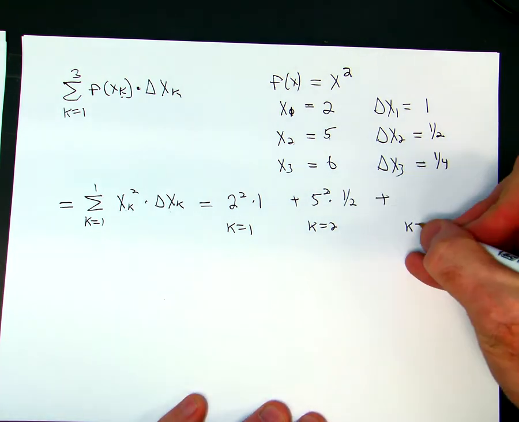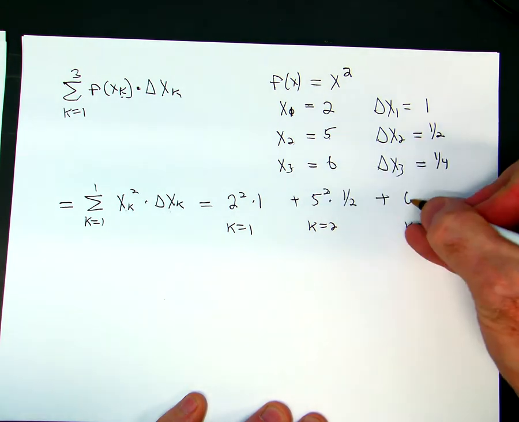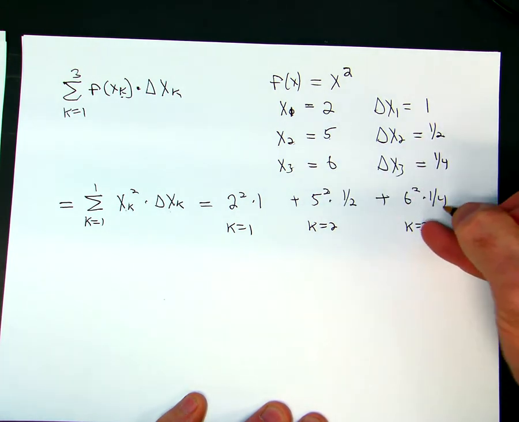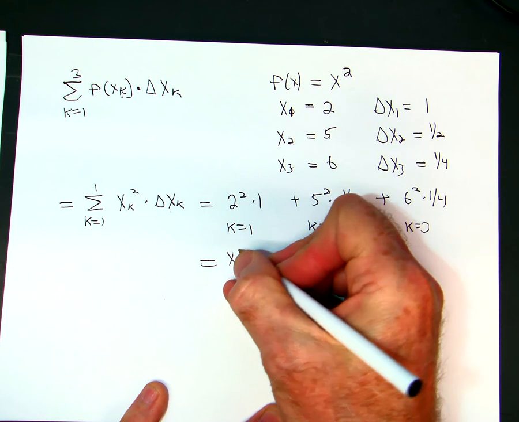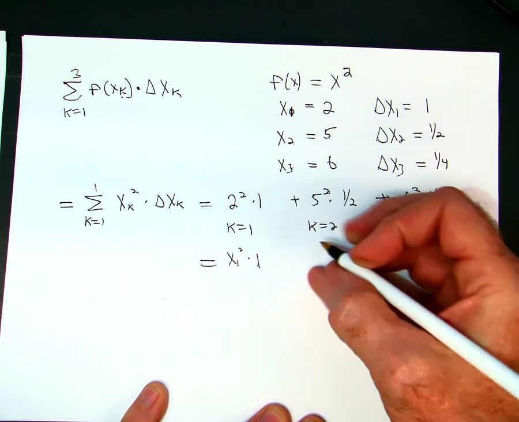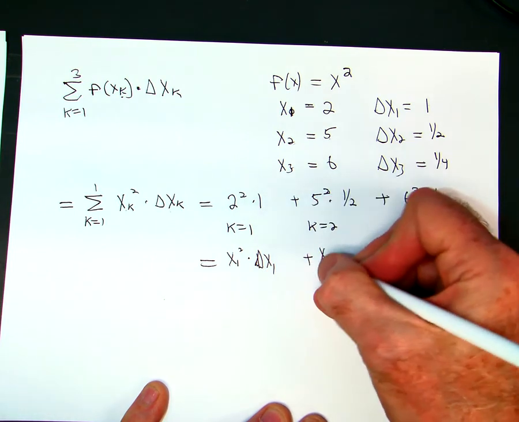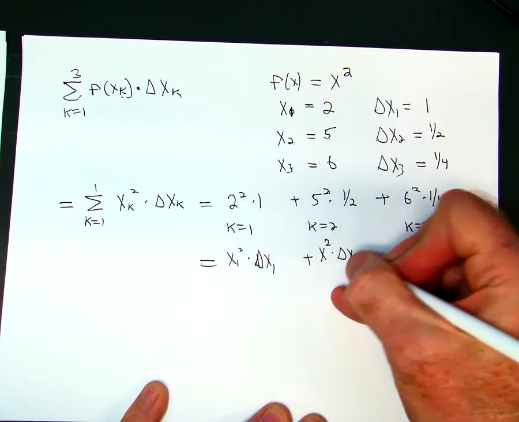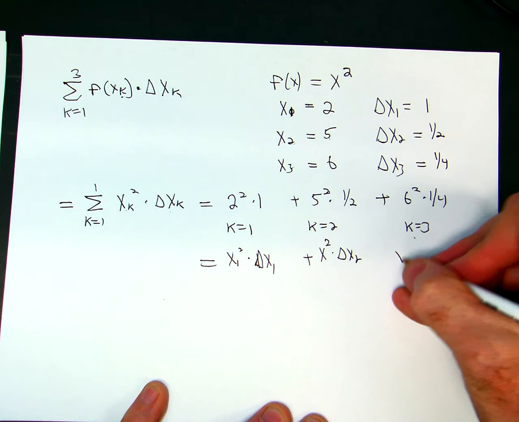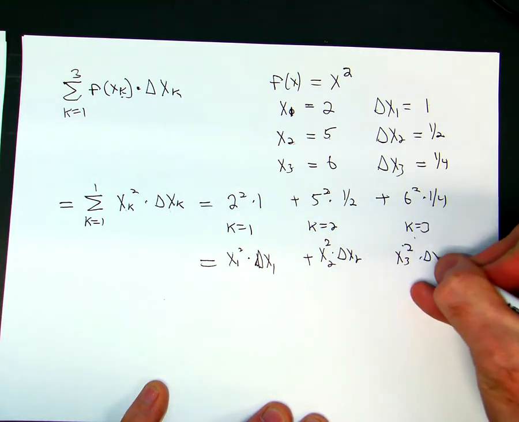When k is equal to 3, I get x3 squared, which is 6 squared, times 1/4. So again, this is just going to be x1 squared times delta x1, plus x2 squared times delta x2, plus x3 squared times delta x3.